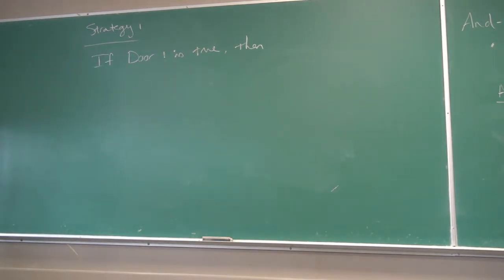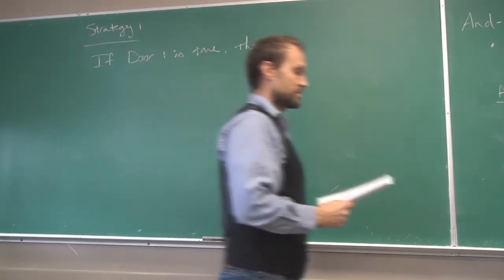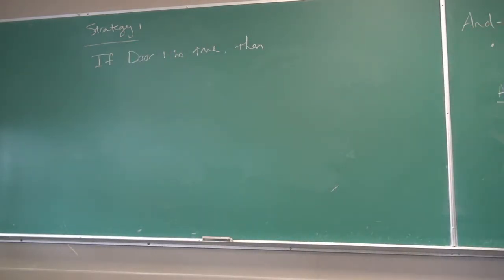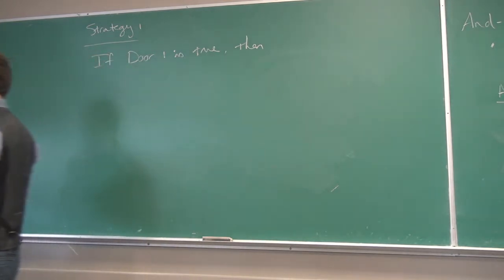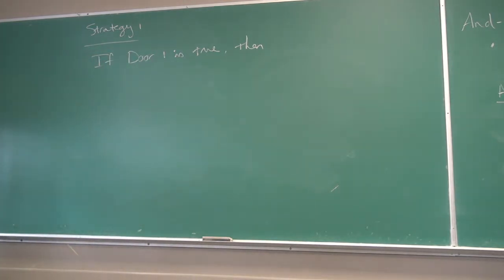When I have to go and look, I have to read the signs over and over and over because I really need to be comfortable with what they're saying to use that information. Let's suppose door 1 is true. And door 1 says, in this room there is a lady, and in the other room there is a tiger. If I assume door 1 is true, then exactly what it says is what's happening.